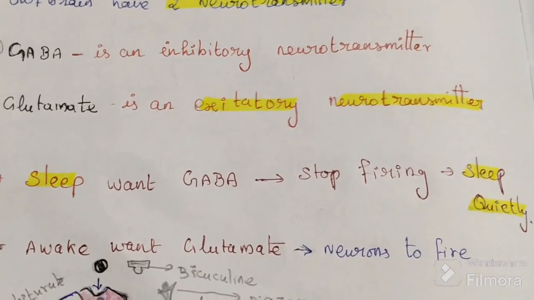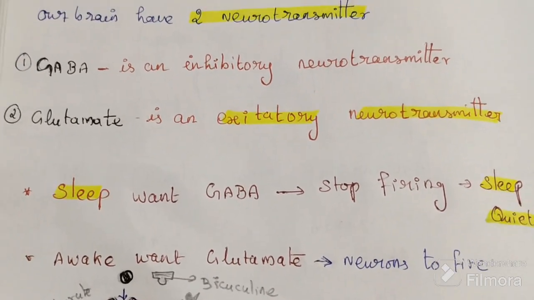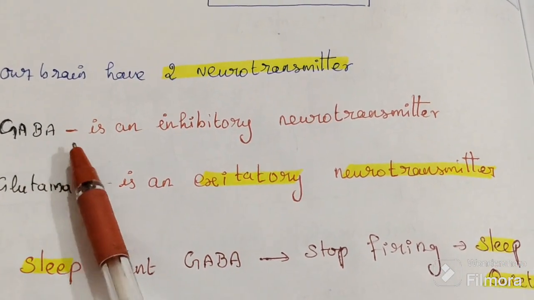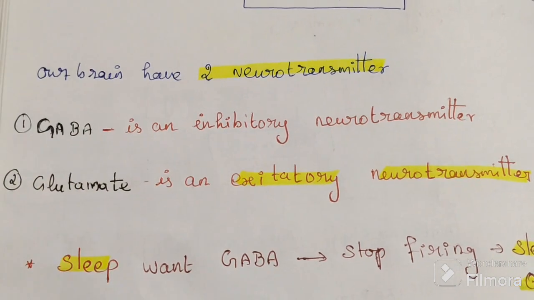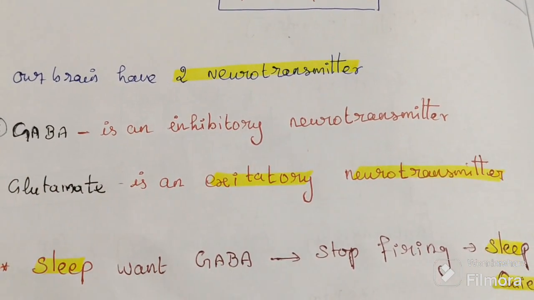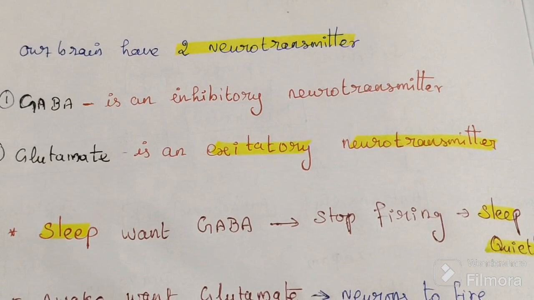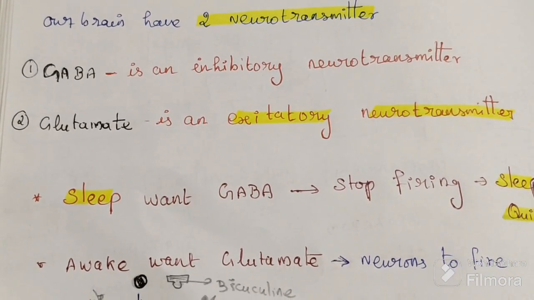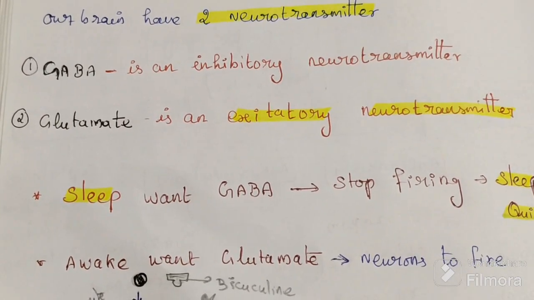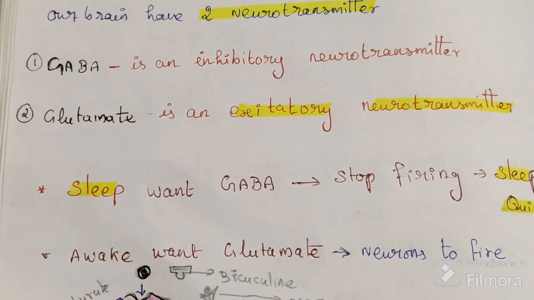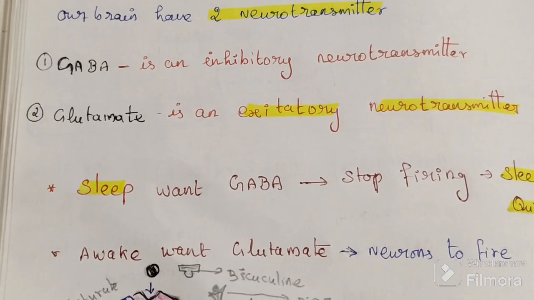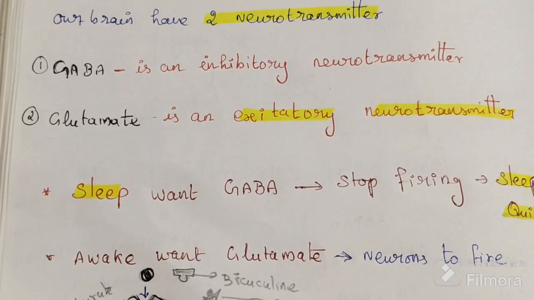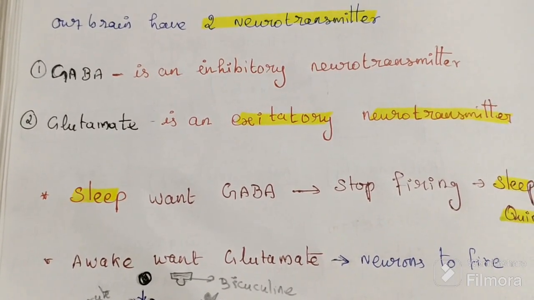Whenever we want to sleep, we want GABA. GABA is inhibitory; that neuron stops firing and we can sleep quietly. But whenever we are awake, we are using our brain, glutamate is activating, and it causes the neuron to fire.